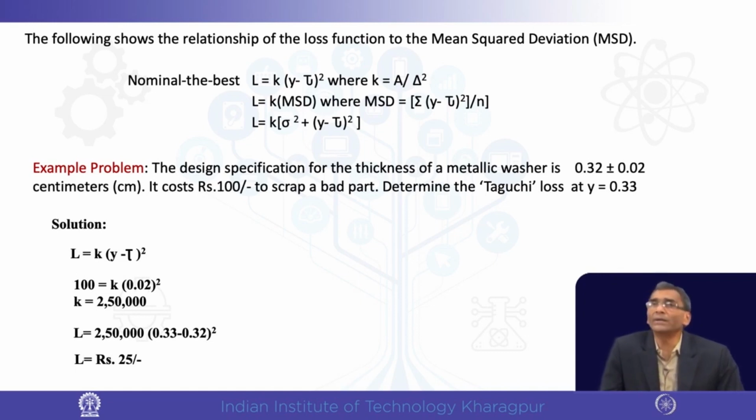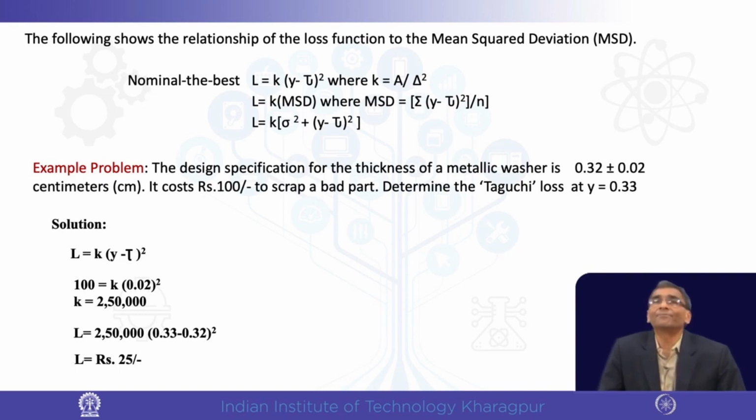I will not go into all this detailed discussion here, because those are all available in plenty. You can see them if you want, and the calculation you can see. Say for example, without going into much of the theory, a metallic washer which is 0.32 plus or minus 0.02 centimeter.